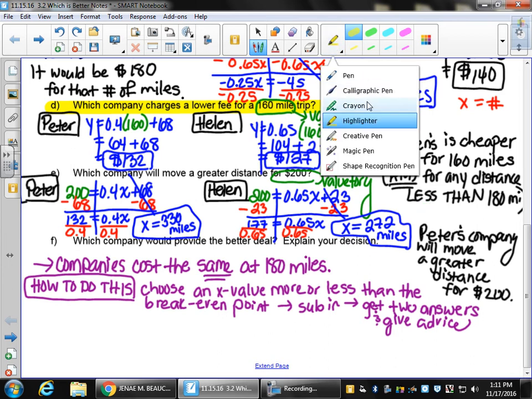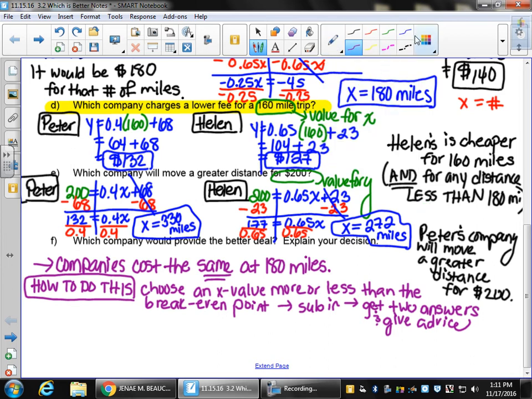So we actually already did the work. And if we can see that, we're actually done, because we're going to say, based on part D, so you're referencing all the work you did in D, where we substituted in 160, found Peter's cost, substituted 160, found Helen's cost.